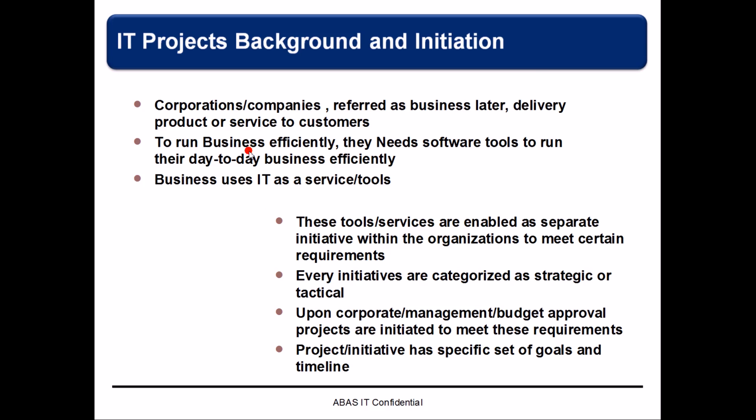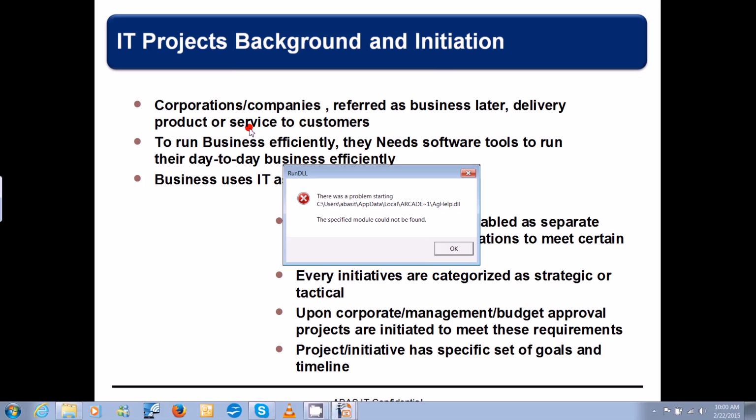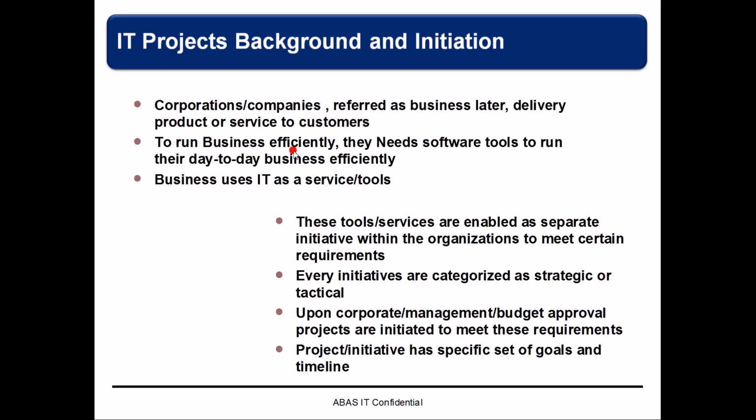And the IT projects, because now we know that there is a business function that has to be supported, and that is triggered through the IT projects, right? The corporation companies, referred to as business later in the document, deliver a product or service to customers. There is some issue with my, okay, let me close this. Okay.